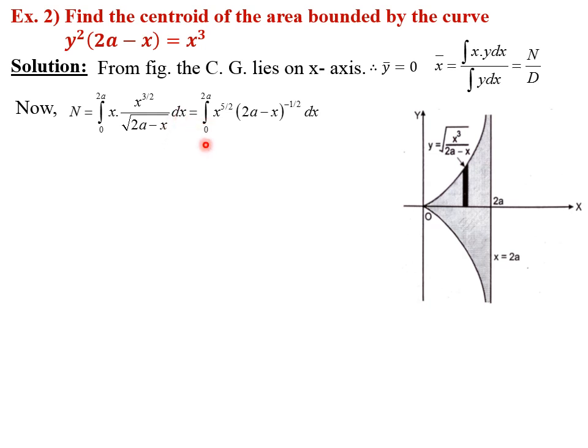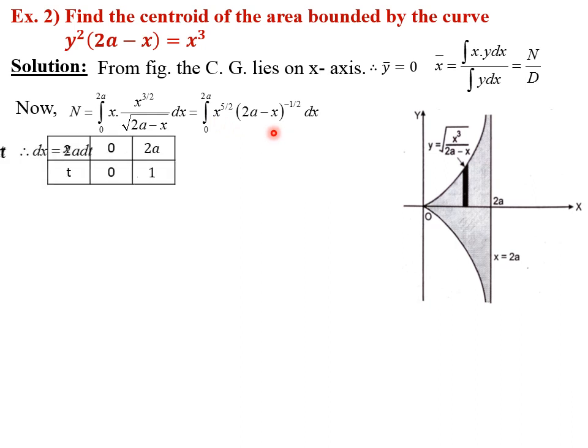After simplification, we get it as integration from 0 to 2a of x raised to 5 by 2 into (2a minus x) raised to power minus 1 by 2 dx, which is almost in the form of a beta function, but not in the exact form of a beta function.